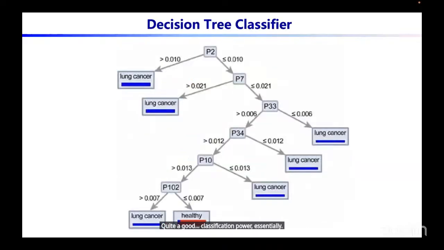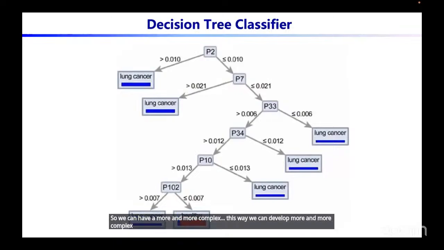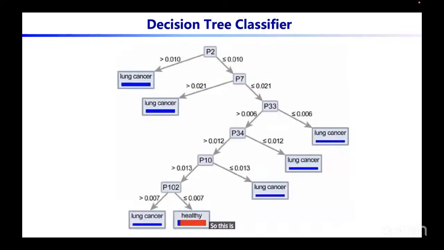So in this way we can develop more and more complex decision trees. This is an illustrative example of decision trees that separate lung cancer patients from healthy persons.